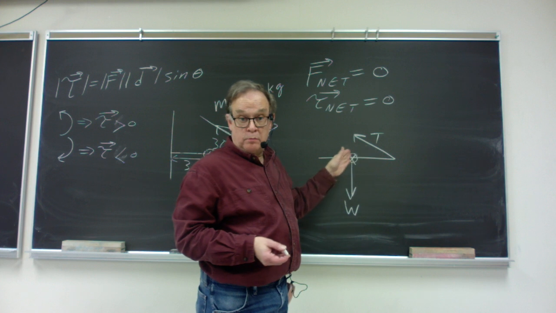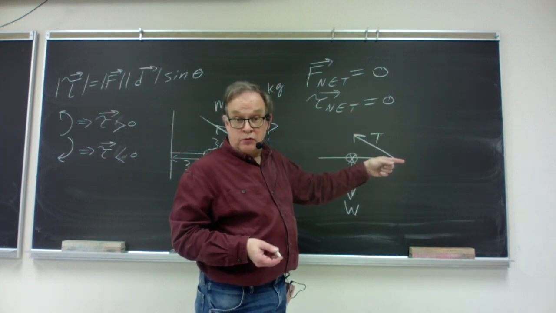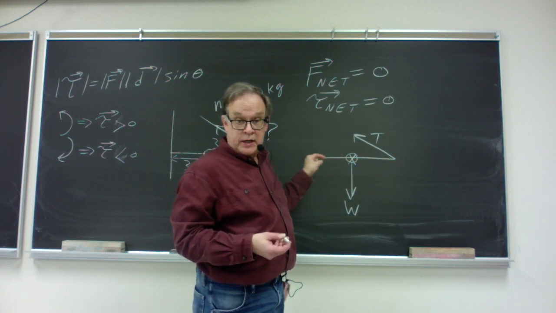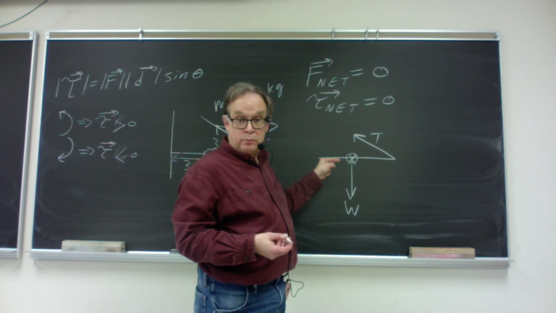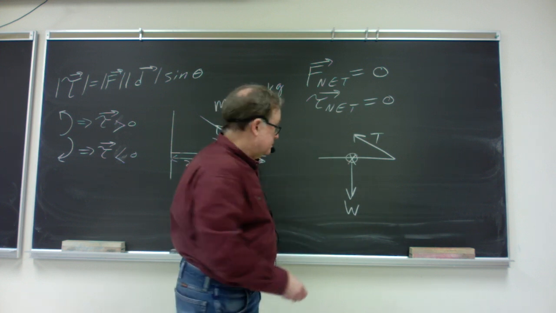It has some leftward pull as well as some vertical pull. And in order to keep the net force 0, this leftward pull from the tension has to be canceled out by some rightward push from the force from the wall.